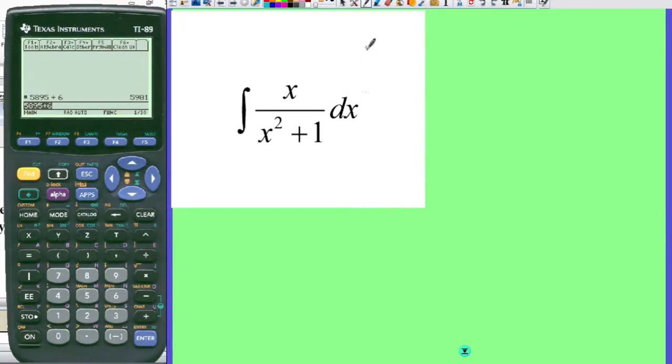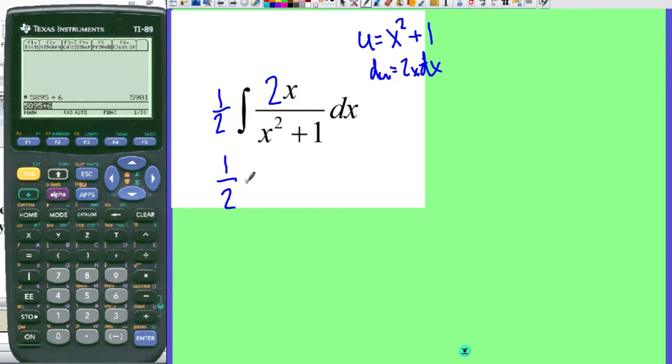So this one right here, this is also going to be a u substitution. My u is going to be the bigger expression on the bottom, x squared plus 1. du is 2x dx. I don't have a 2x, so I put a 2 here, and must also multiply by the reciprocal outside.